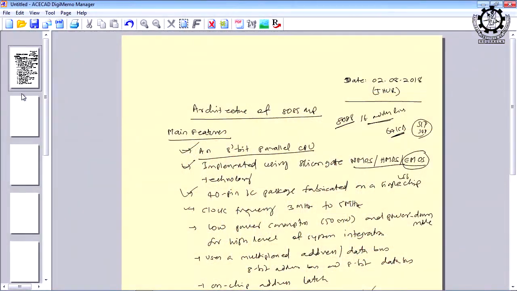So, the next feature is the clock frequency, which varies from 3 megahertz to 5 megahertz, but mostly the microprocessor kit we are using in the laboratory is 5 megahertz, though a 3 megahertz 8085 is also available.